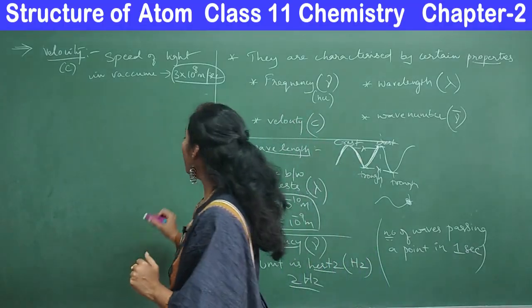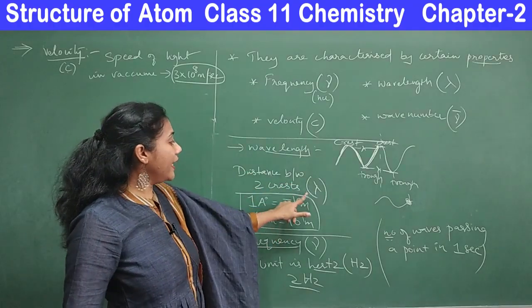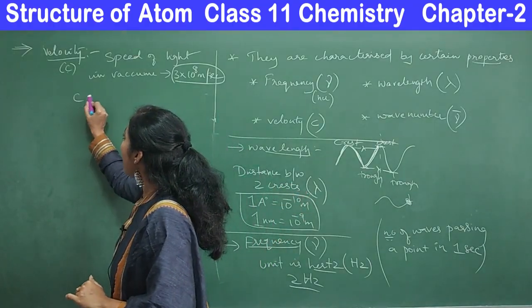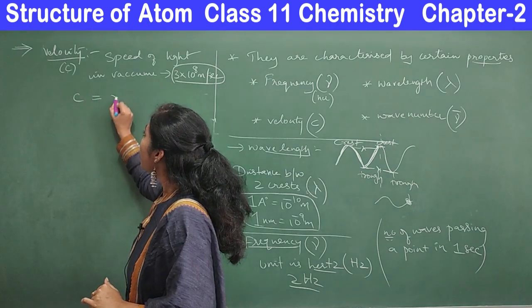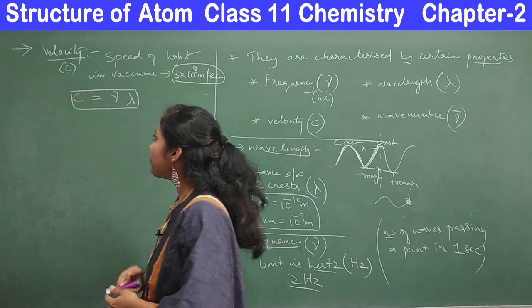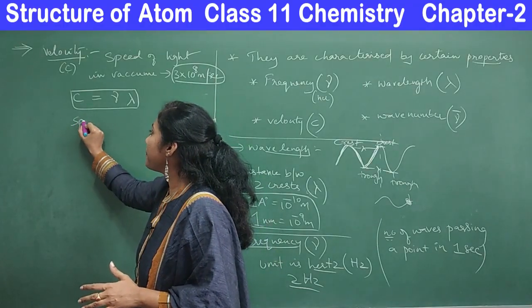Fine. And now actually this c, nu, and lambda are related with each other. So we have a formula, c is equal to nu lambda. This is really a very, very important formula. Just logically think, what do you mean by speed?